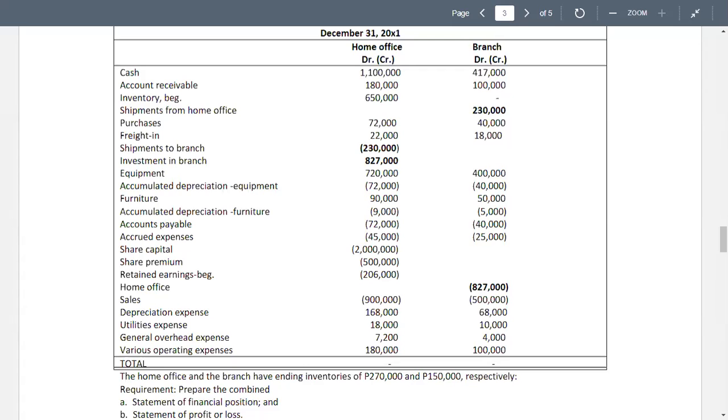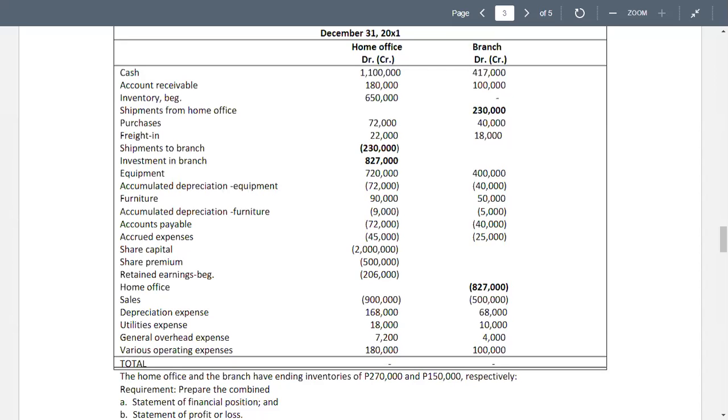The difference is 382,000, and that is your cost of goods sold.